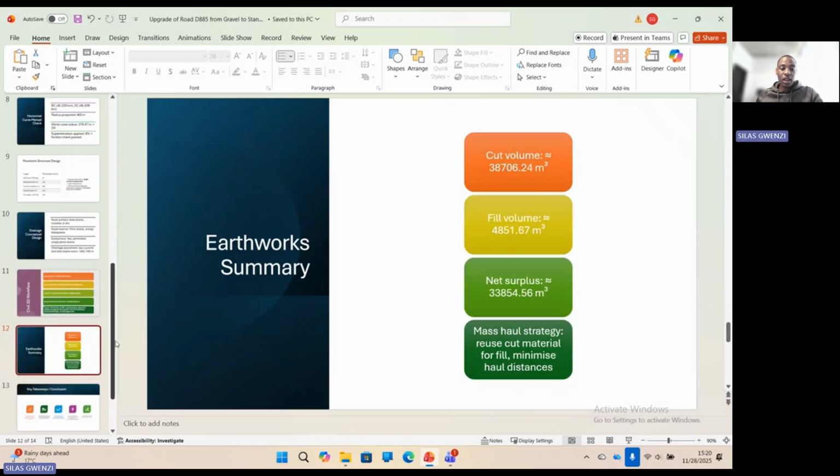As a result, we have this earthwork summary. Earthworks were computed using the 3D, Civil 3D, and Mass Haul tools.